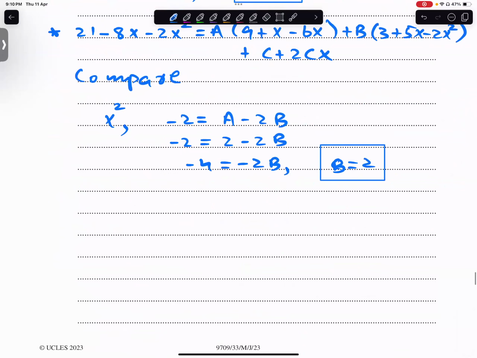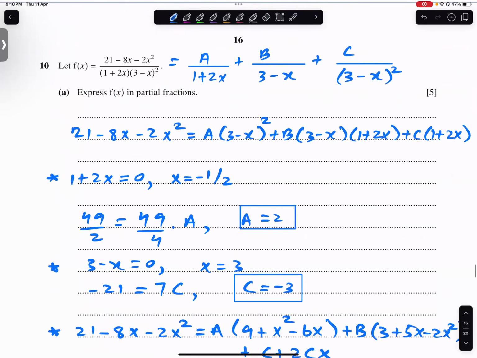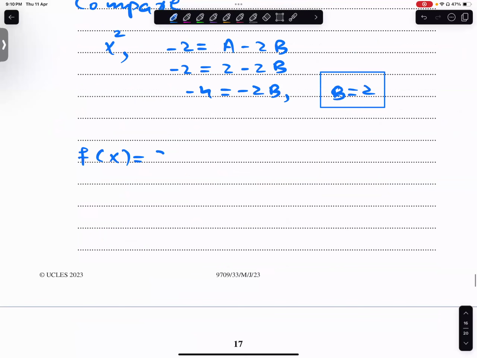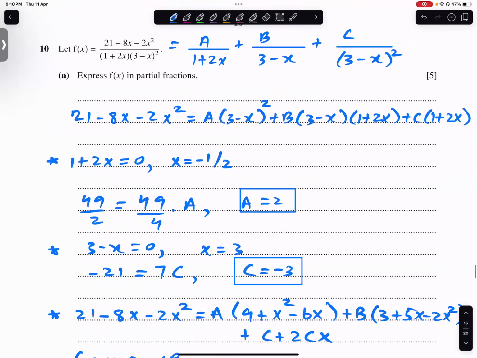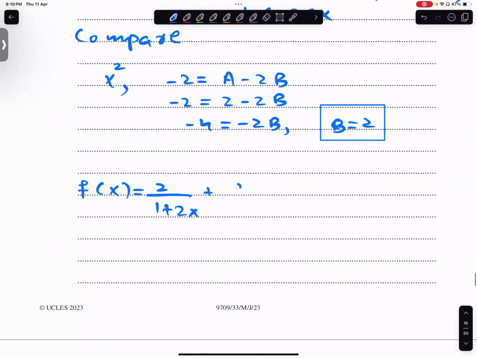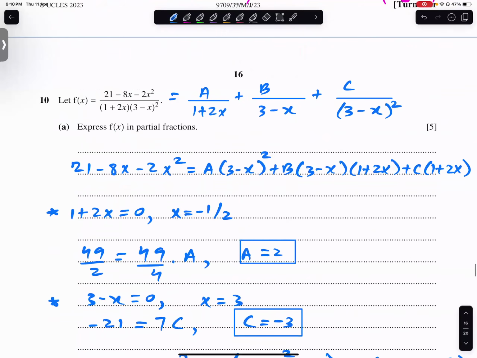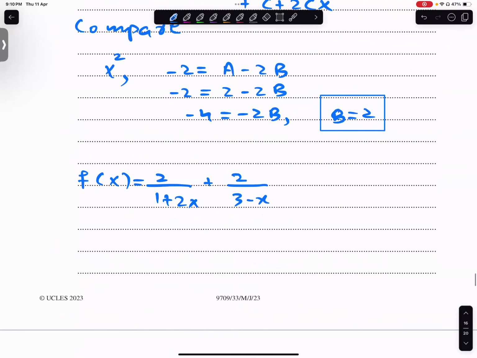Use all values above. So f of x will become A over 1 plus 2x, so 2 over 1 plus 2x, plus B over 3 minus x, so 2 over 3 minus x, plus C over 3 minus x whole square, so minus 3 over 3 minus x whole square.